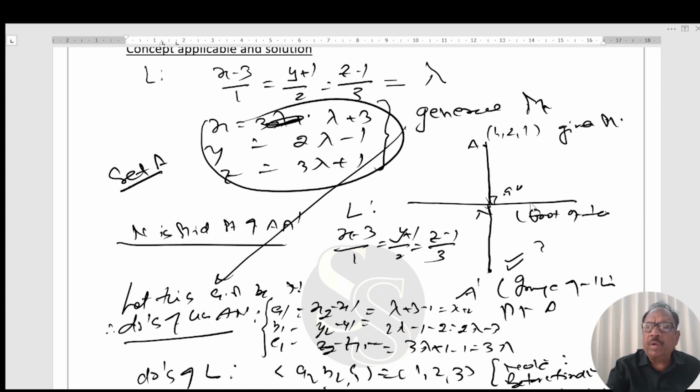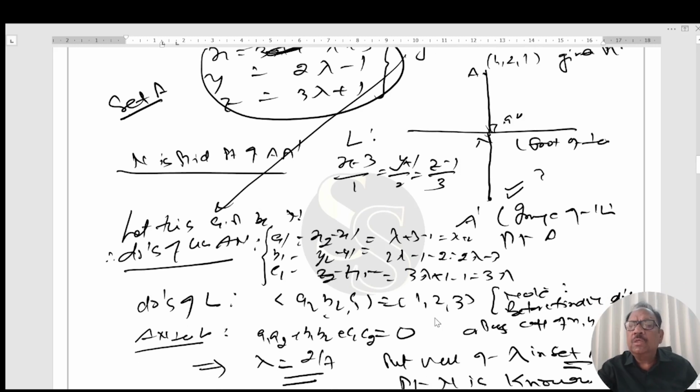These two lines are perpendicular, so A1 A2 plus B1 B2 plus C1 C2 equals 0. After finding lambda, put its value in set A, then apply the midpoint formula and find the coordinates of the image of the point. To find the line, use the simple formula with either of these two points. The answer will be the same, right?